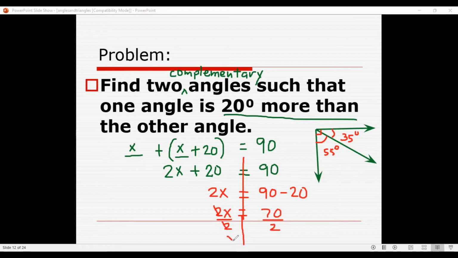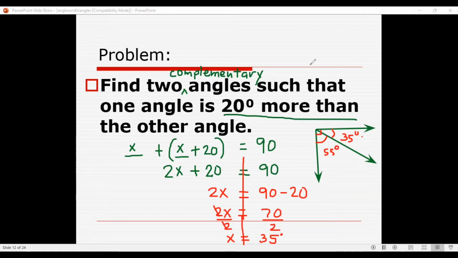So 1 times x, that will give you an x. So x is equal to 70 divided by 2, that is equal now to 35. So therefore, we also got the same answer. And then just put now 35 plus 20 for us to find the measure of the other angle.